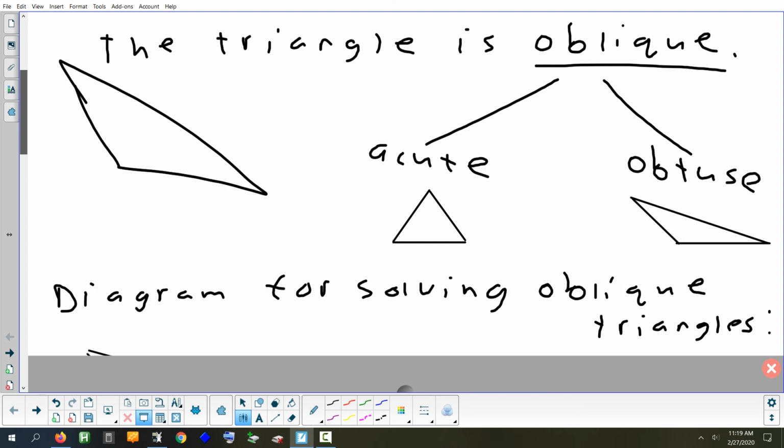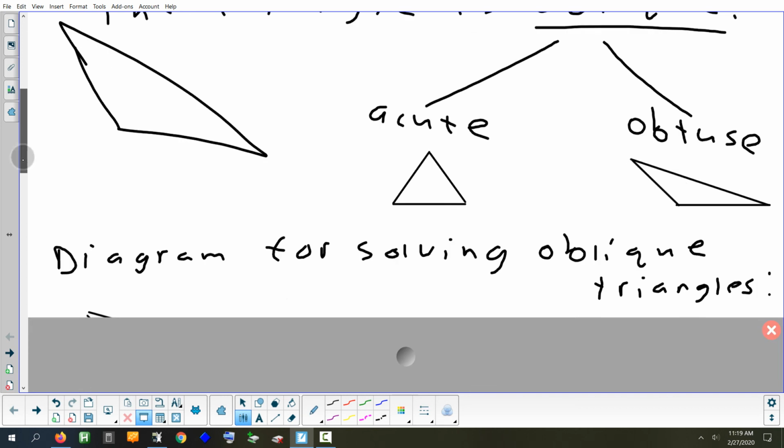Now, we have a Greek letter that we use for the angle across from side A. Anyone remember the Greek letter that goes across from A? Alpha. And the Greek letter that goes across from B? Yep. Beta. And last time we did this, that's all you needed.